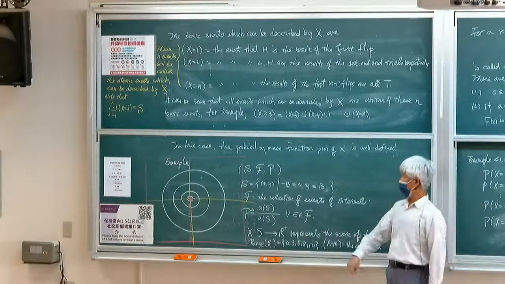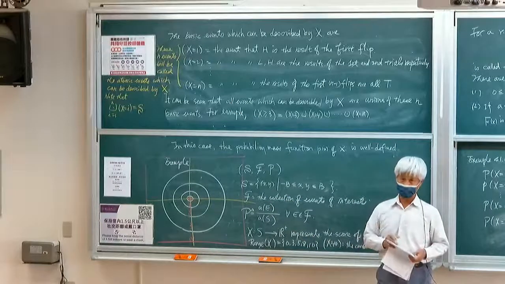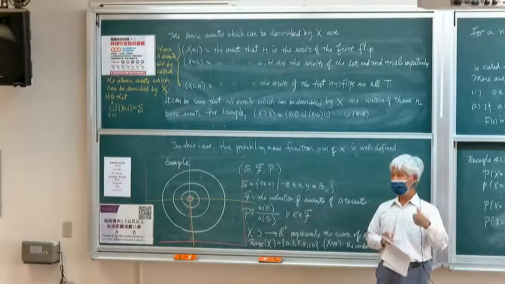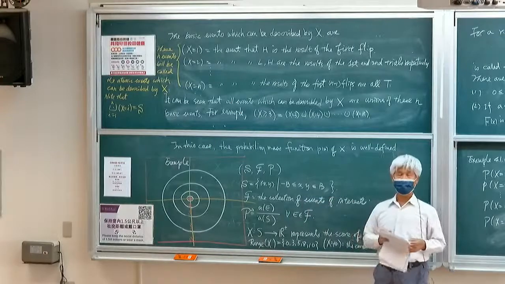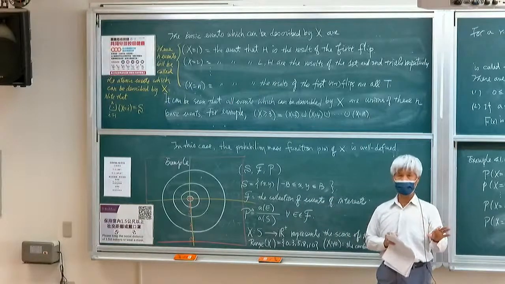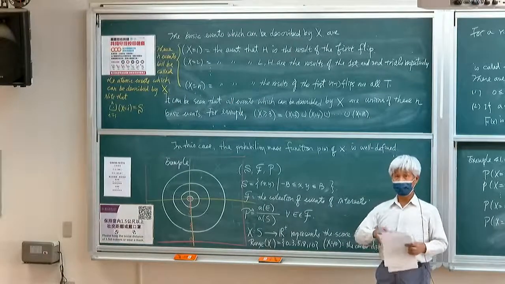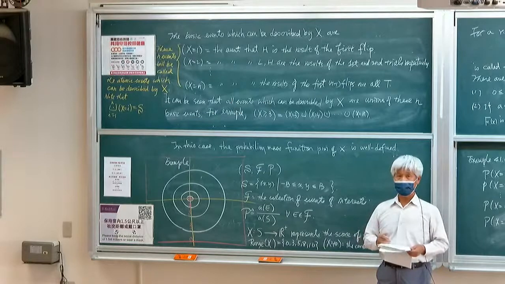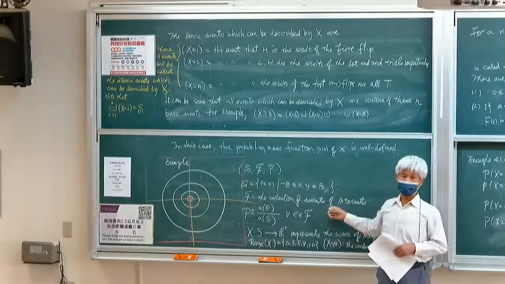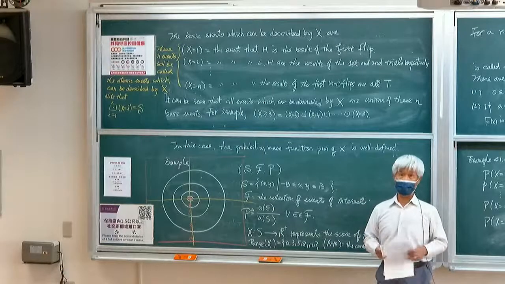And remember, any sigma algebra should satisfy logical structure. Okay, there are 3 axioms. One is that the total event should be in here. The second, if E is an event in the sigma algebra, then the complement of E must be also in the sigma algebra. And the third one is that if you have countably many events in the sigma algebra, then their union must be also in the sigma algebra. That is the basic logical structure you should have.